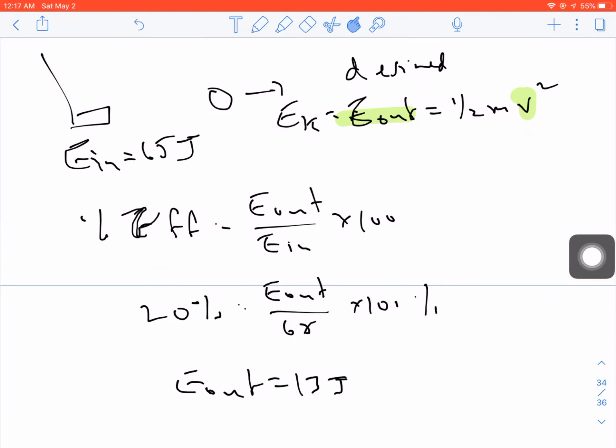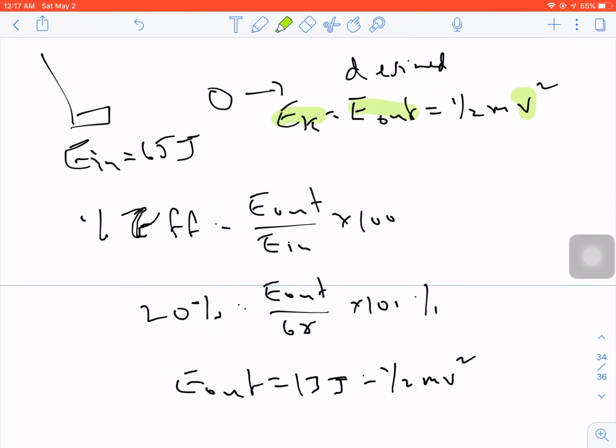Now, I know that the kinetic energy here is equal to 1/2 mv squared, because the 13 joules here is kinetic energy, right? The energy out that I'm looking at is actually kinetic energy.